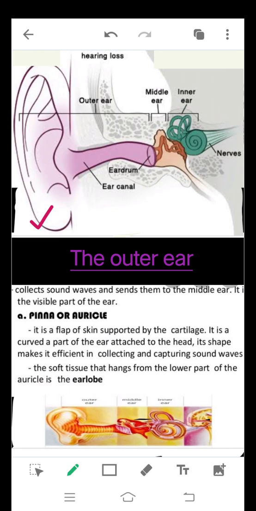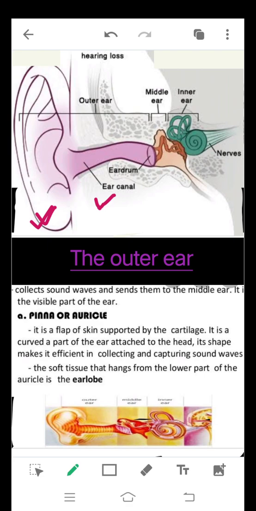Its specific shape makes it efficient in collecting and capturing sound waves. And the soft tissue that hangs from the lower part of the auricle or the ear pinna is called the ear lobe. So the important function of the ear pinna is to collect the sound waves, and then it passes them to the ear canal.